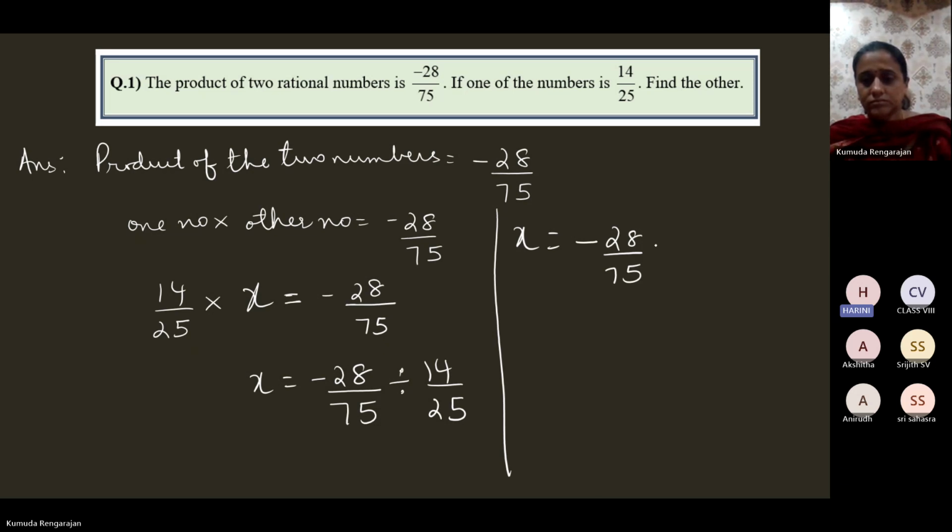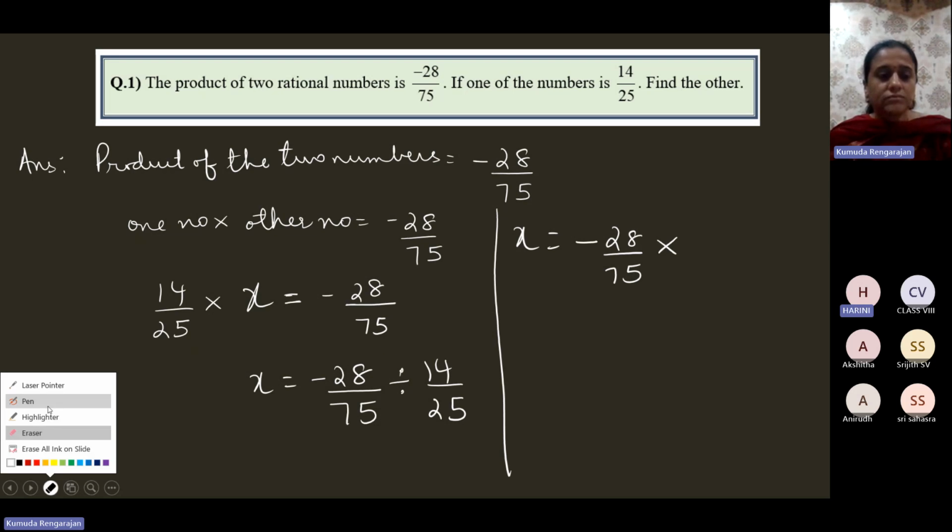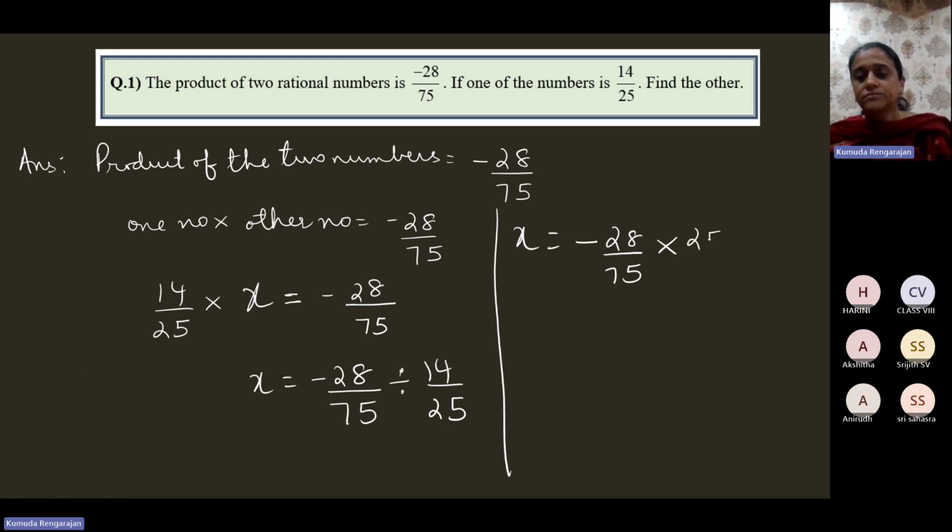We need to simplify it, ma'am. Into the reciprocal, 25 by 14. Then after that, x is equal to that simplification. After simplifying 28 by 75 and 25 by 14, x is equal to that number. Correct. Now help me simplify.